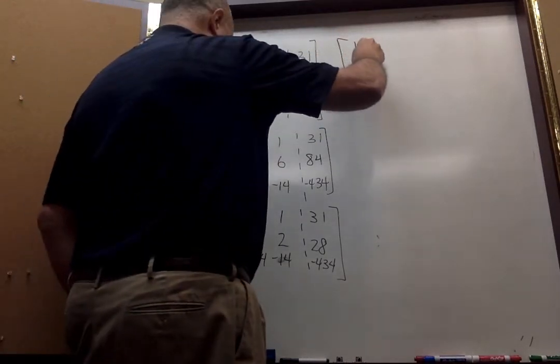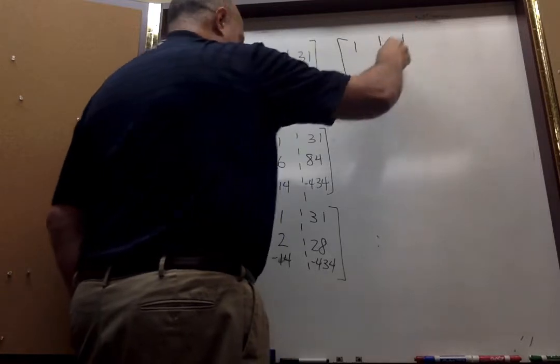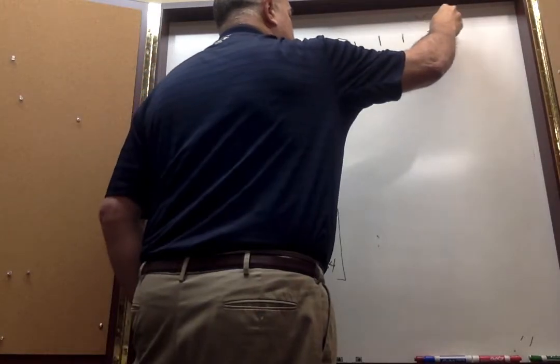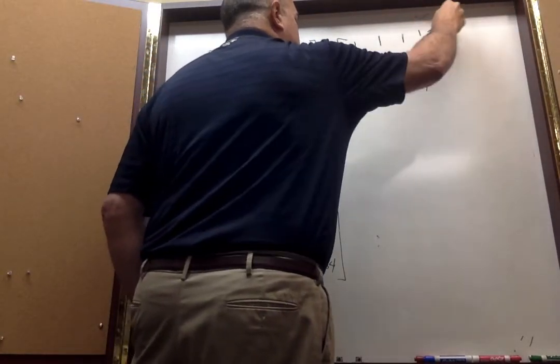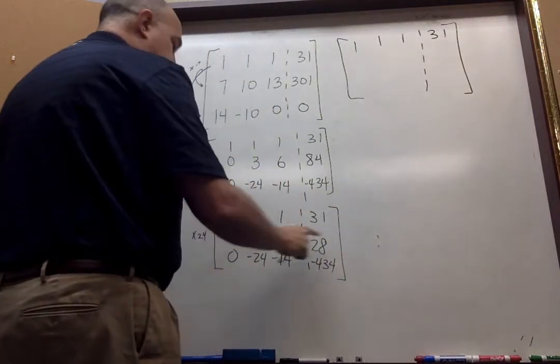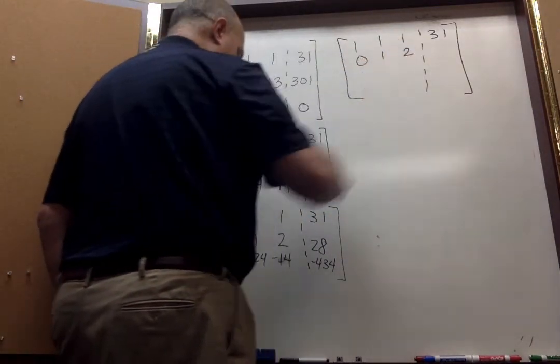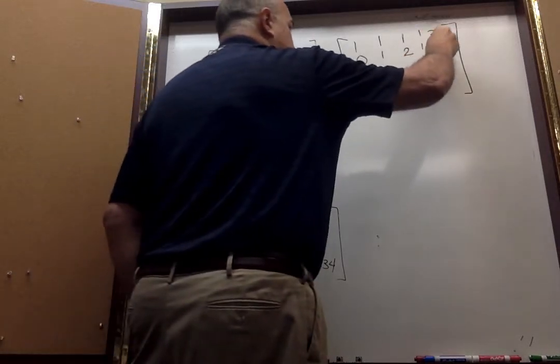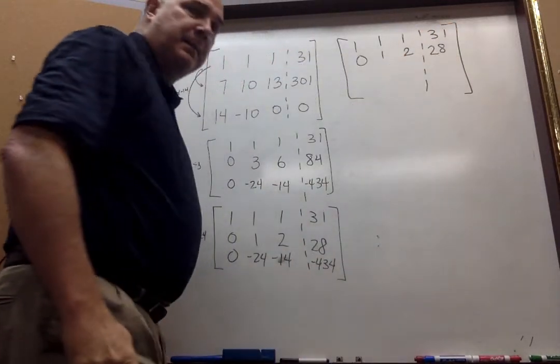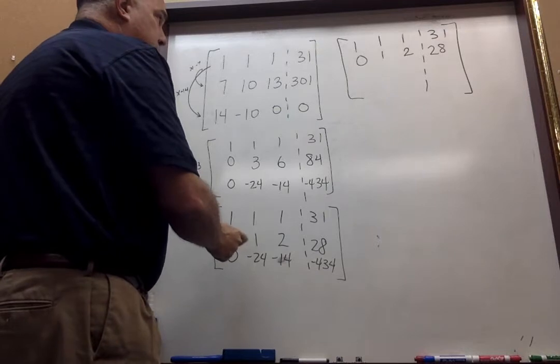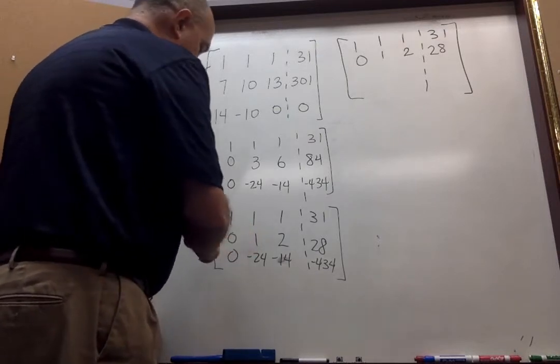So my first row stays the same. My second row stays the same, because remember, the only row that changes is the row that I'm adding to.